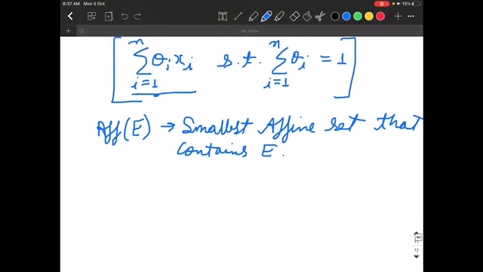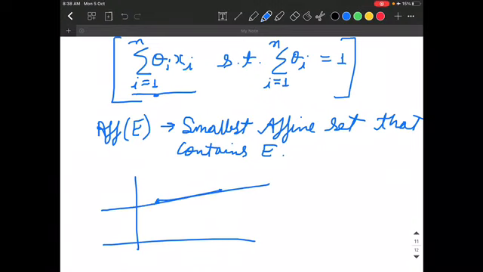Consider this example. We have R2, so X is equal to R2. Inside X, this is the line E. So what is the affine hull of this set E?